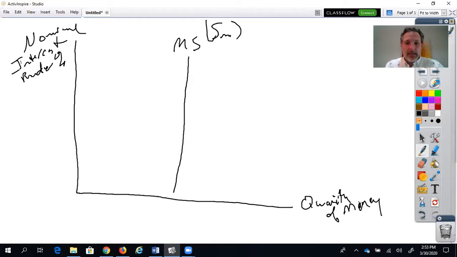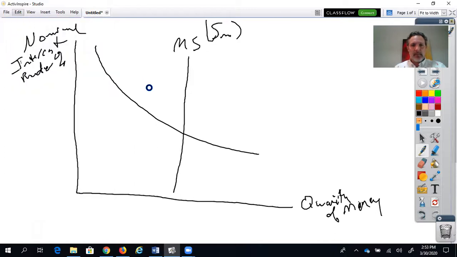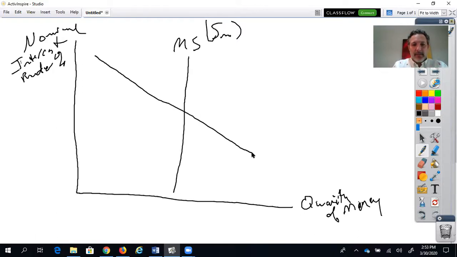Now, I've also on the money demand curve, which I'm about to show you, I've seen it as a curve, like that. And I've also seen it as a straight line. I think straight line is a little bit easier, especially if you're starting to learn something. Now, that's either money demand, I put MD, but I've also seen, and I'll put in parentheses, D sub M, demand for money. All right, so that's that.